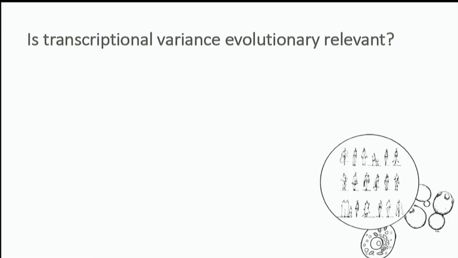So before we went into transcriptional variance, the question was, is this important? Many of you have worked with transcriptional data, RNA-seq here, and you know this is really noisy, right? So if you're going to go into researching this, you better convince yourself that there's something that is not just noise. It's biology. As I said, many people have been approaching this question from unicellular organisms that are usually not genetically variable.